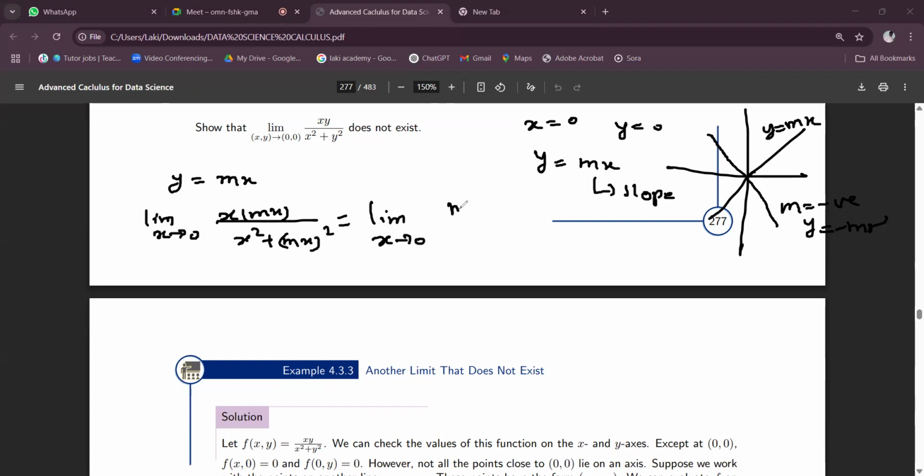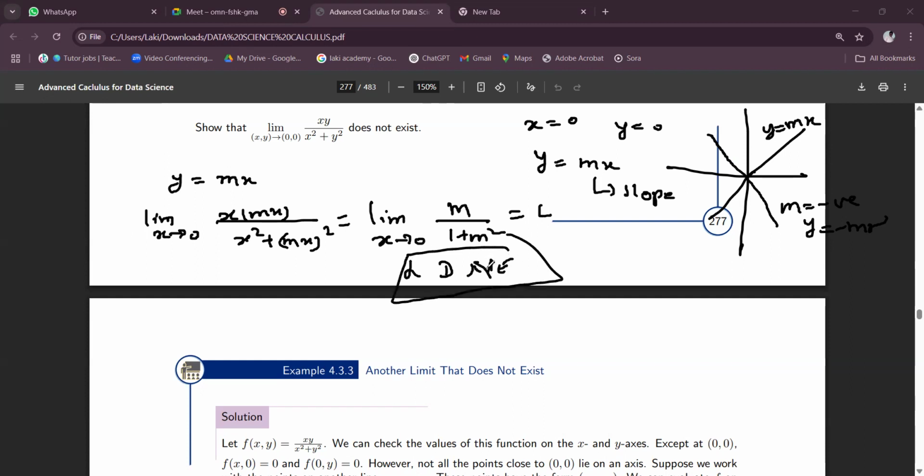Cancel x square from both numerator and denominator. Again, you can see the limit L depends on its slope, right? If the value of slope changes, then the limit will also change, right? L does not exist.